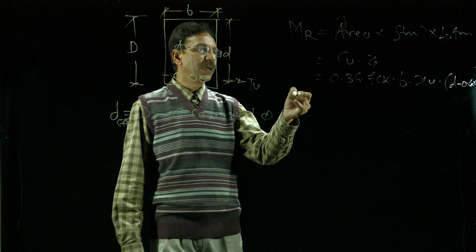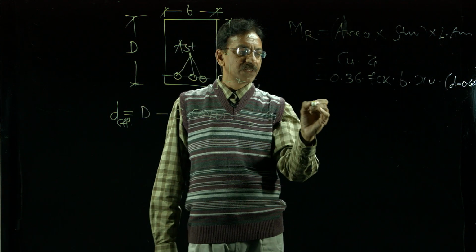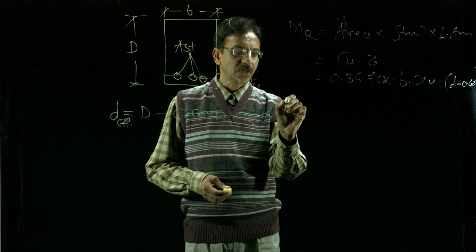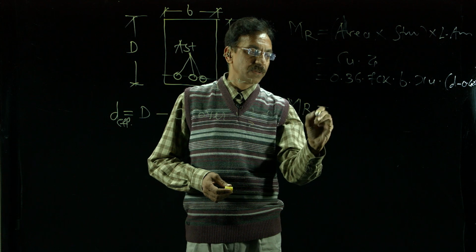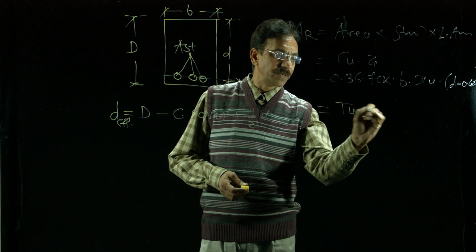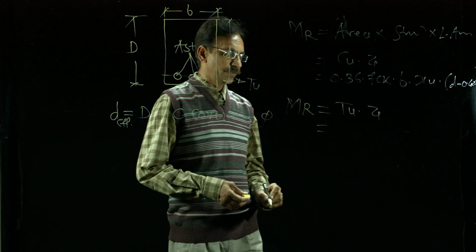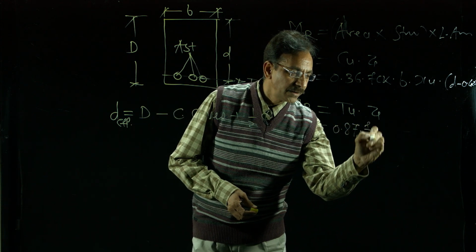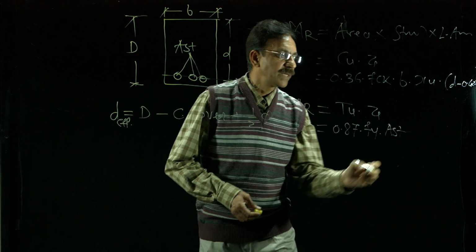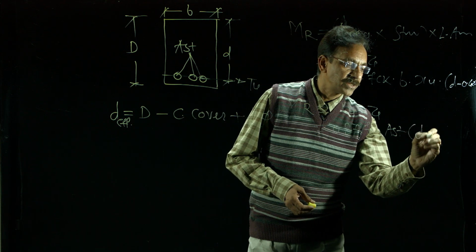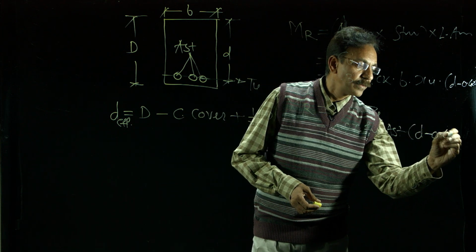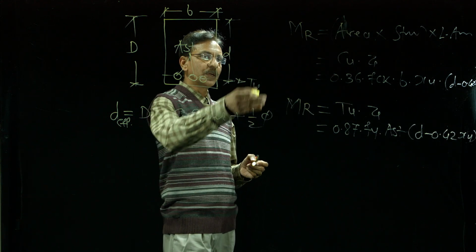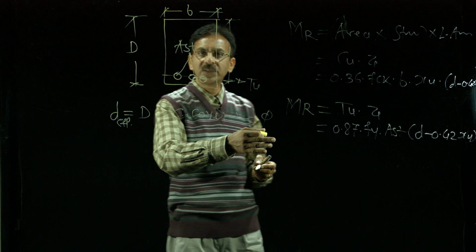From this we will get the moment of resistance on the compression side. Similarly, you can also calculate the moment of resistance on the tension side, that is Tu into Z. What is Tu? 0.87 Fy into AST multiplied by the lever arm, that is D minus 0.42 XU. So, from this we will get the moment of resistance on the compression side as well as on the tension side.